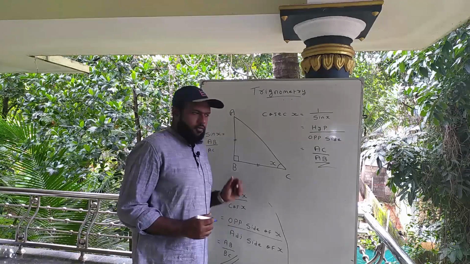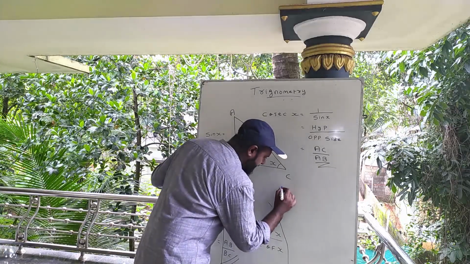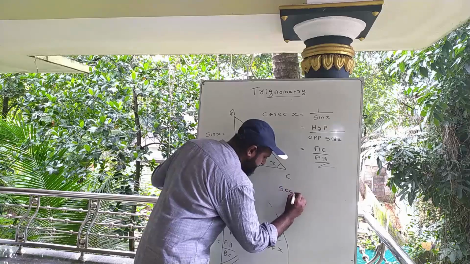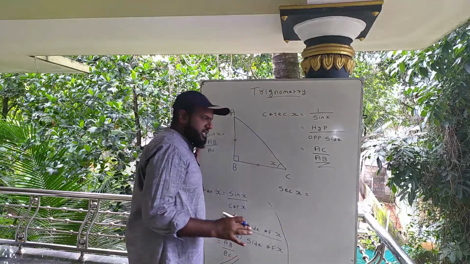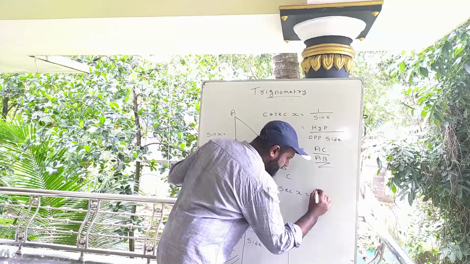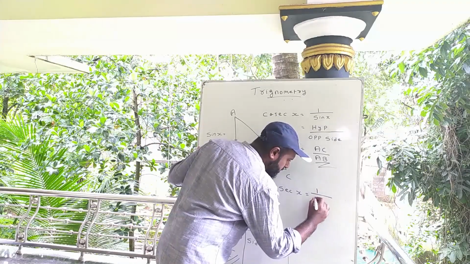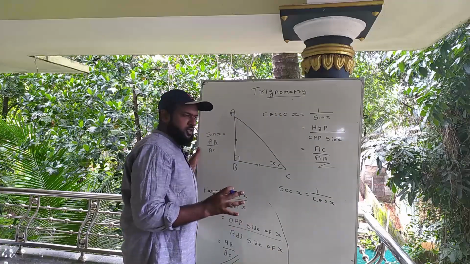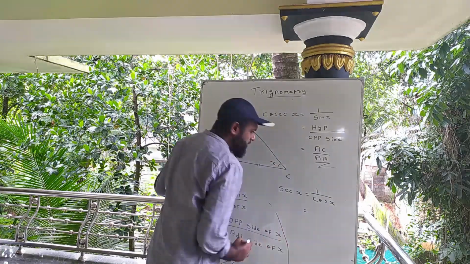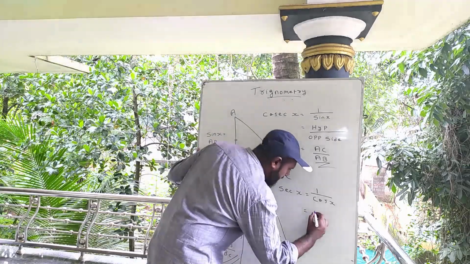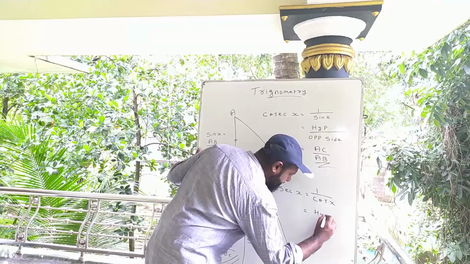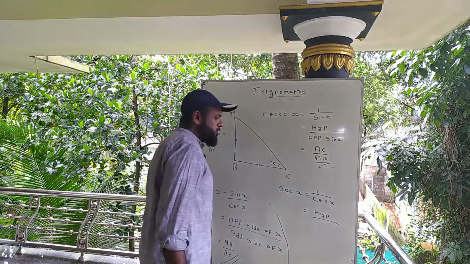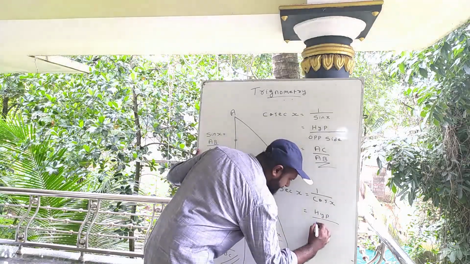Next we can learn what is sec X. Sec X is the reciprocal of cos X, or 1 by cos X, equal to hypotenuse by adjacent side.